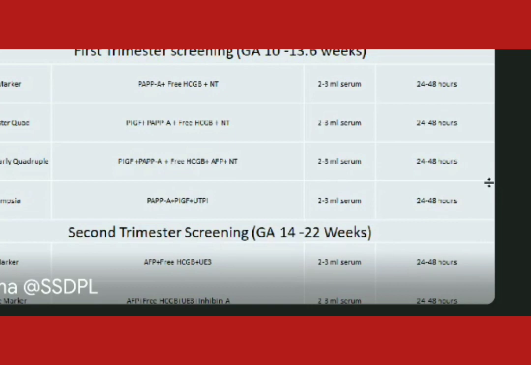LMP you should never check, because there may be a difference of two days to 1 week. Based on the gestational age you have clarified, you have to collect the sample. If the CRL value is also low and not fitting, then we prefer to collect the sample after a week, in the 11th week, to avoid false positive results.